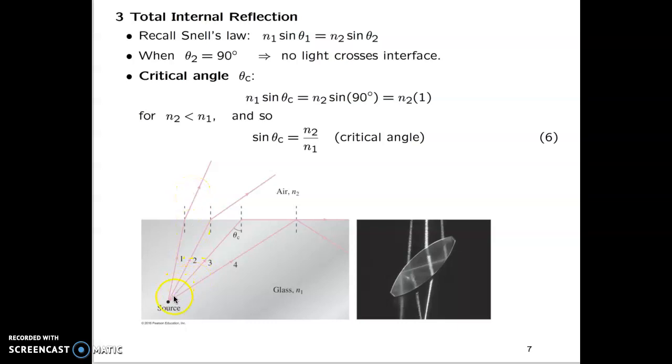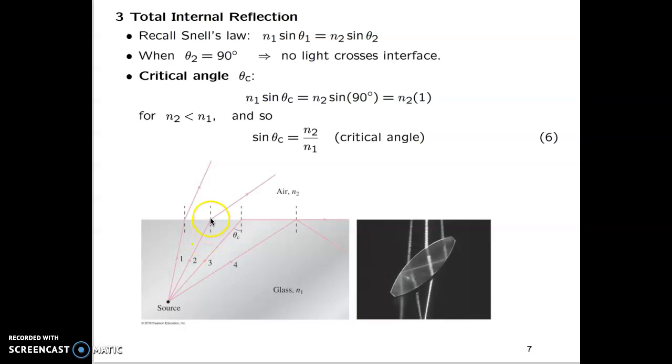Now what happens is, as the angle of this light increases relative to the normal, the light is becoming more and more slanted relative to the normal.